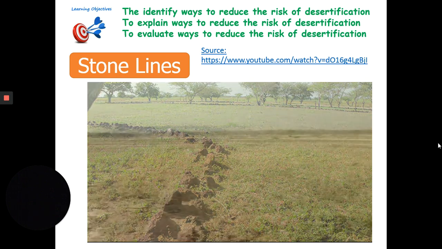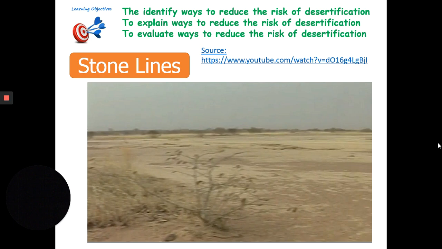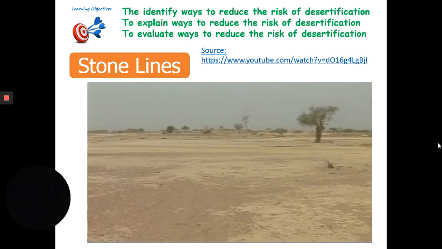In the Sahel during the 1970s, droughts led to land degradation and hardship. Some families.